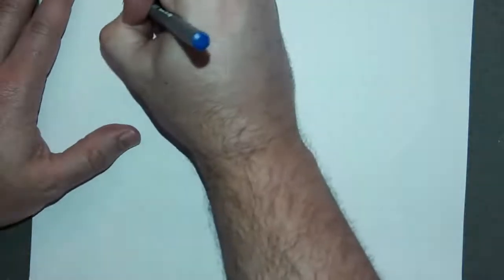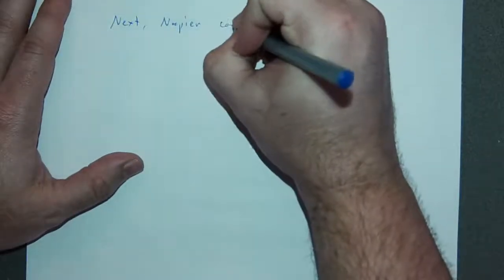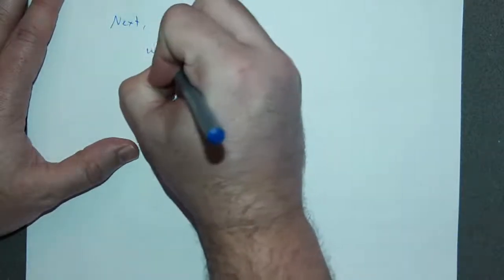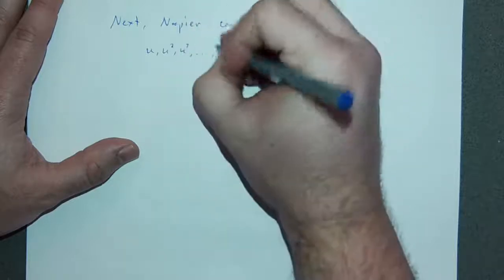All right, how does that help? So next, Napier does the following, again using this same property that it's easy to compute the powers of things that look like this. So just like he computed D and all those powers, since he now has U, he computes U, U squared, U cubed, all the way up to, let's say, U to the 20.